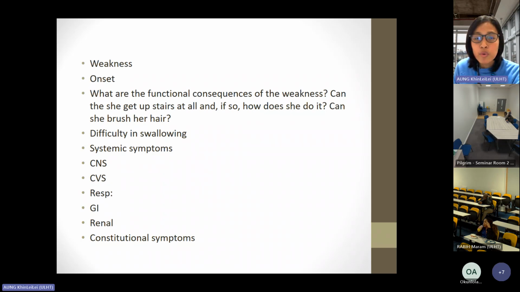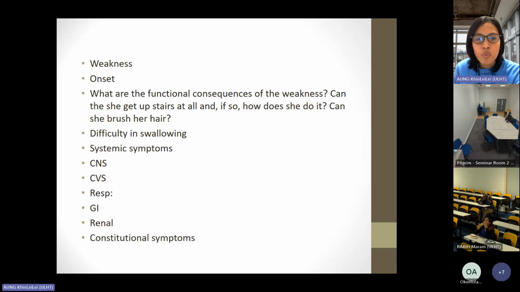In terms of muscle weakness, onset is usually acute or subacute in patients with inflammatory myopathy. Functional consequences: getting up the stairs, brushing hair, something like that, difficulty in swallowing. These are the usual questions we need to ask if we suspect a patient has connective tissue disease.